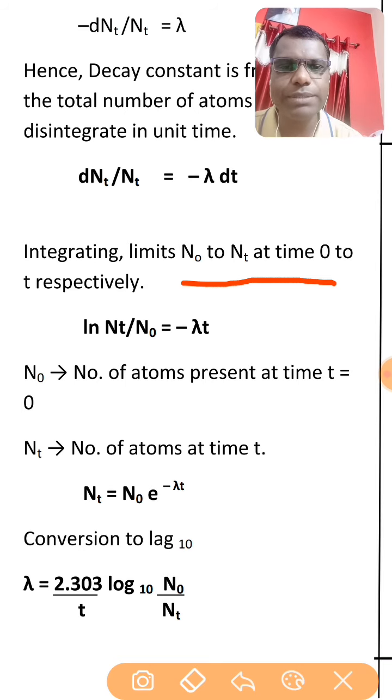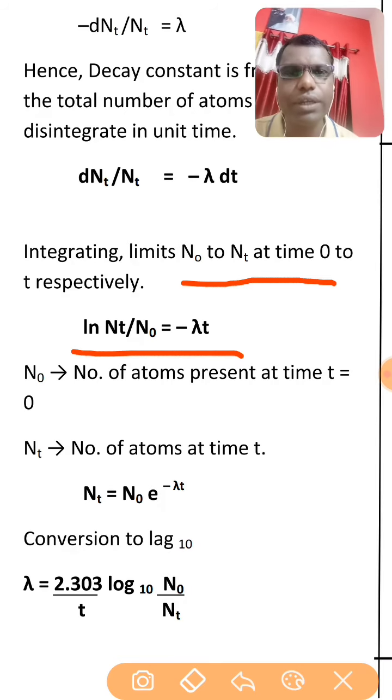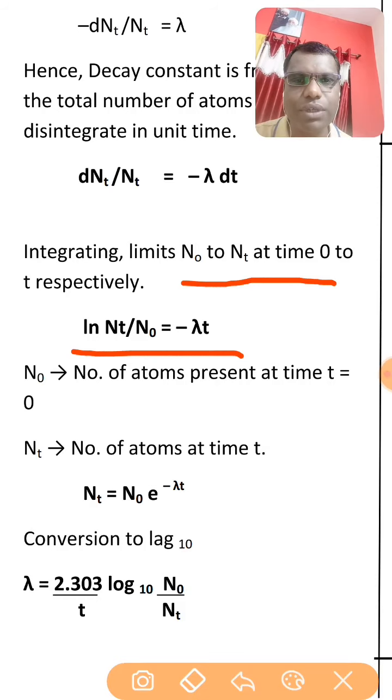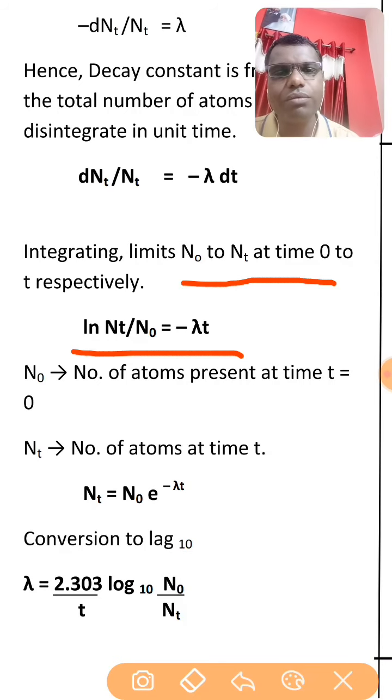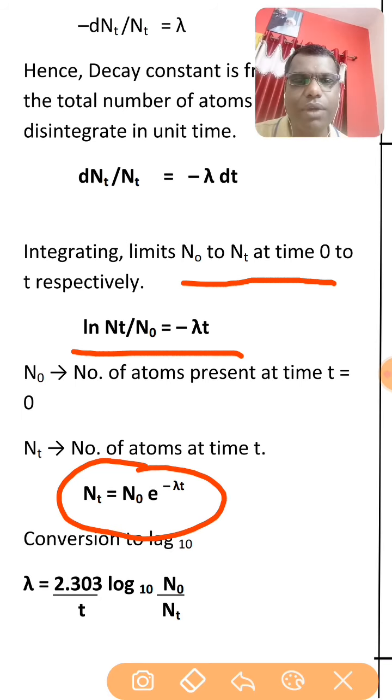After integration between these two limits, we got the equation ln of Nt upon N0 is equal to minus lambda t. Later on, we converted this equation into exponential form, given by Nt is equal to N0 into e raised to minus lambda t.